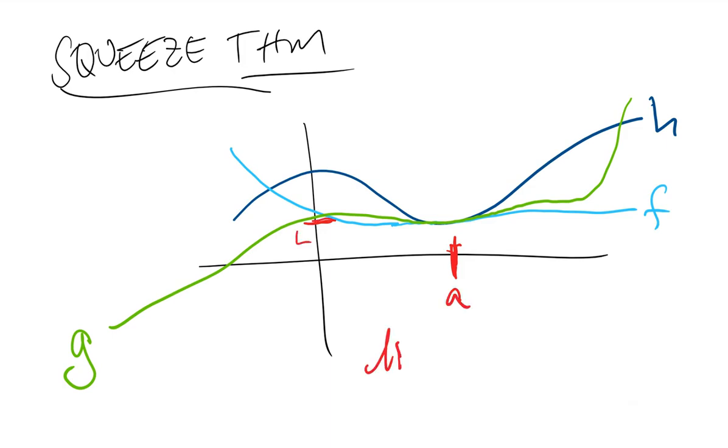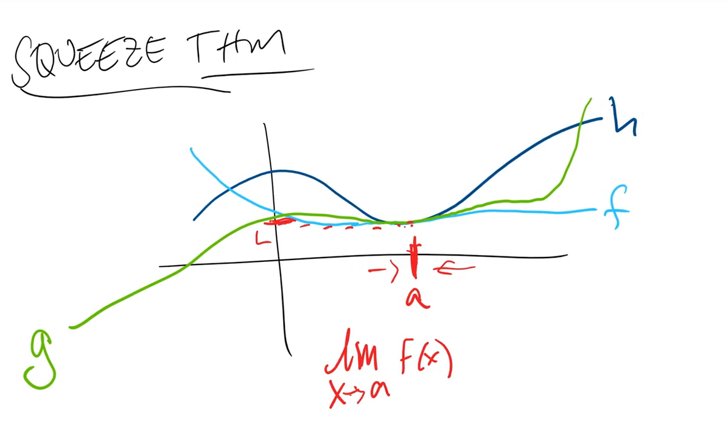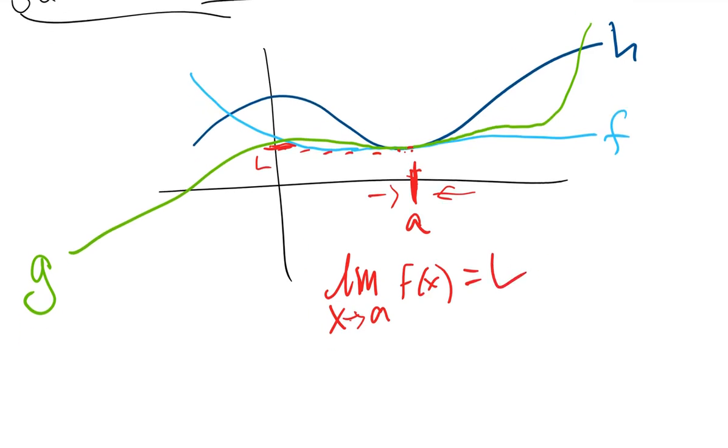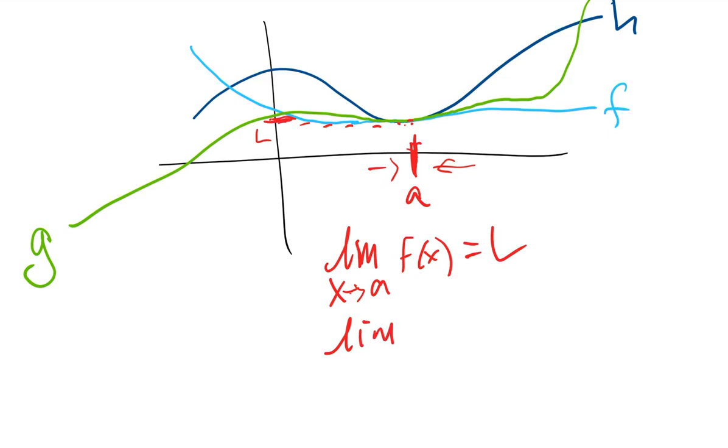So the limit as x goes to A of f of x, as x is marching to A, the value of f is L. That's the y value. Also, the limit as x goes to A of h of x is also L. Same thing happens with the blue graph.